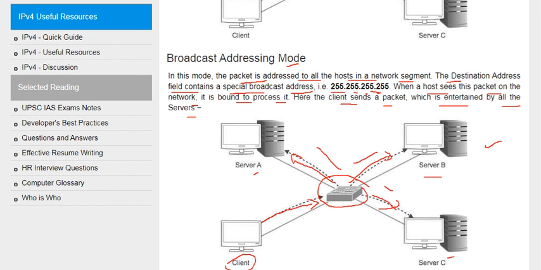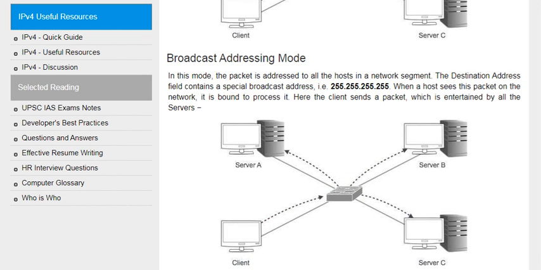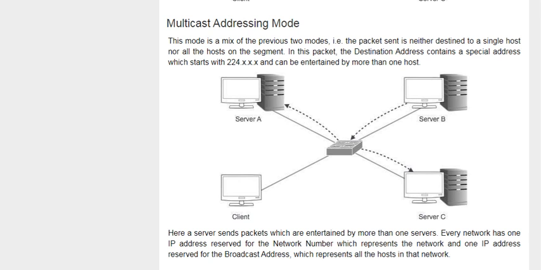And the third one will be the multicast addressing mode. So this multicast addressing mode is a mix of the previous 2 modes. Means it is a combination of your unicast and the broadcast addressing mode.